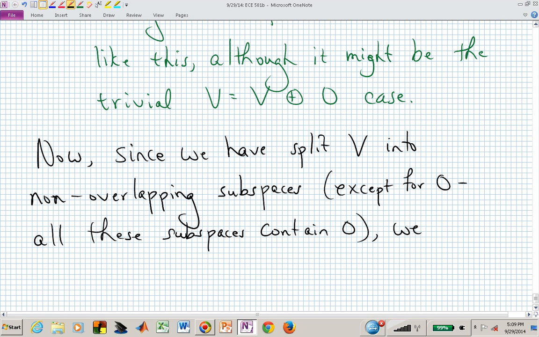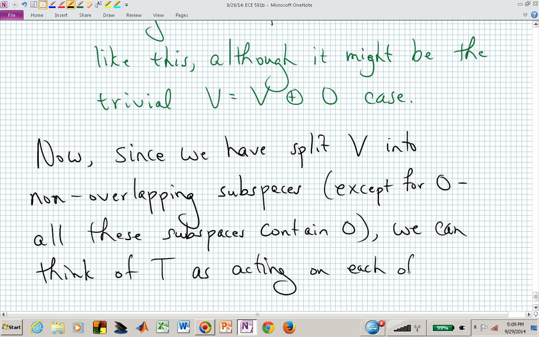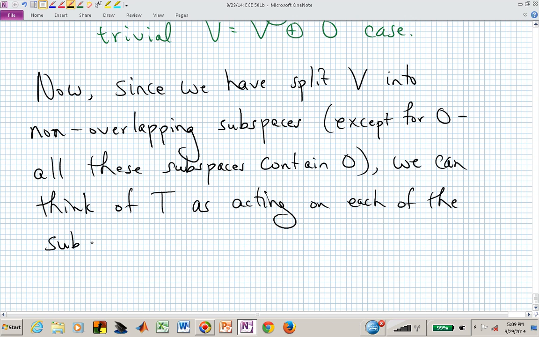Now that we have this decomposition of our vector space V, we can think of T as acting on each of the subspaces independently.